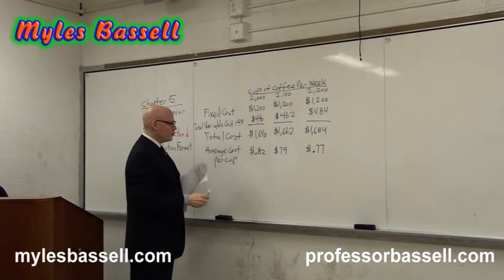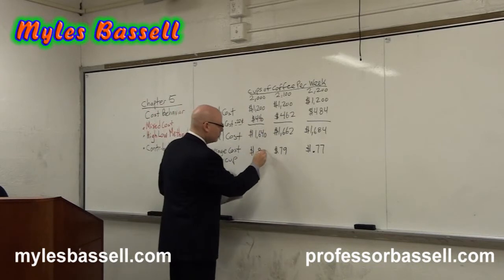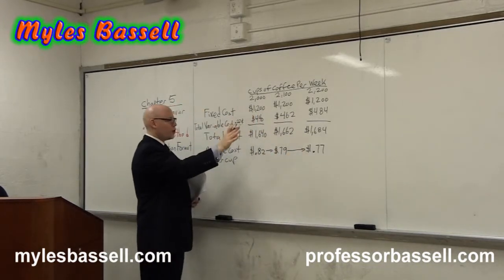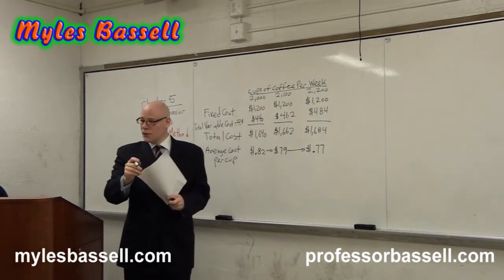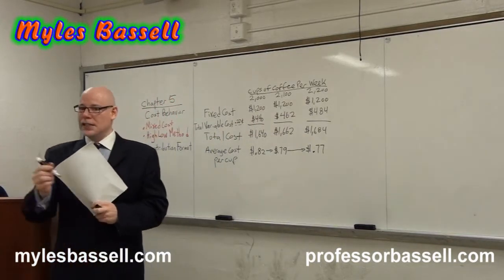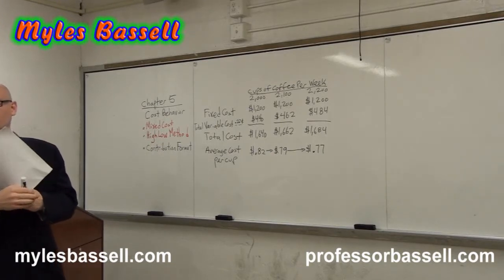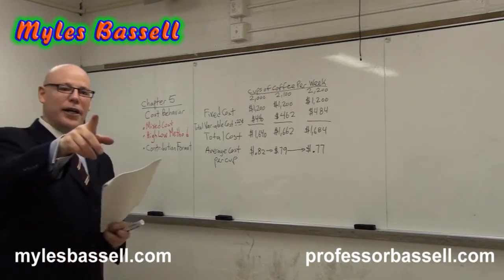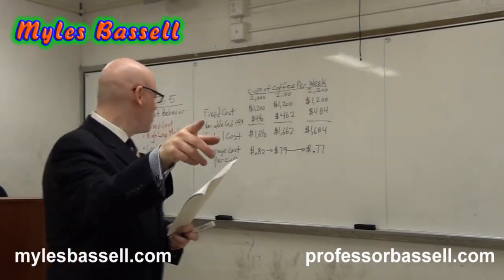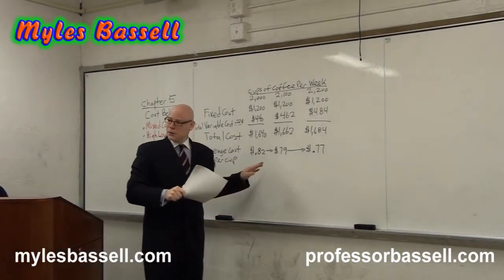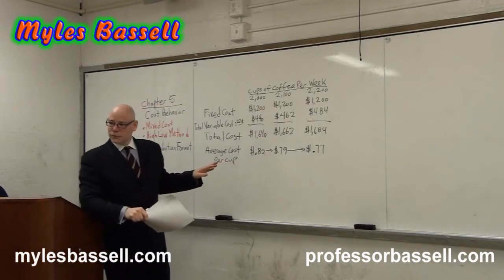Now, who could explain this? What's happening here? As the number of cups being served increases, so the level of activity increases, what's happening? Abigail? The cost per cup decreases? Right, the cost per cup decreases. Does everybody see that? Yes, the more we produce, the less it costs.